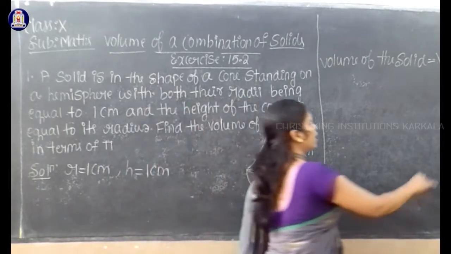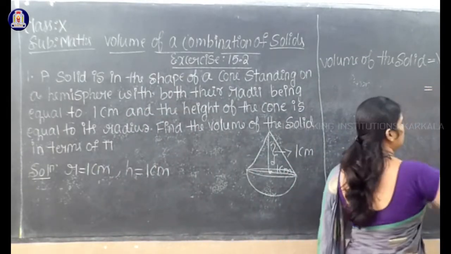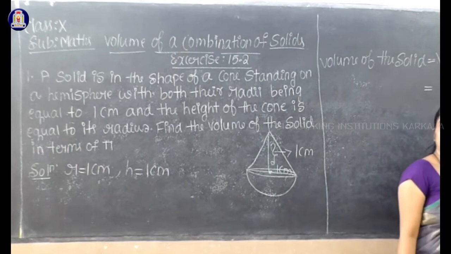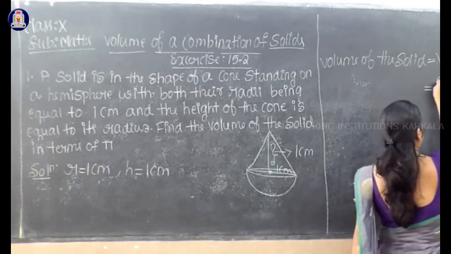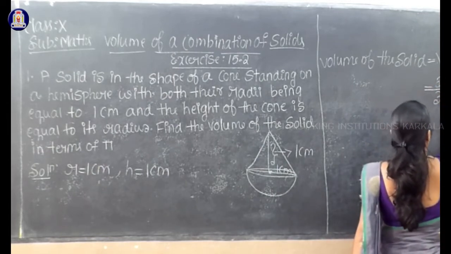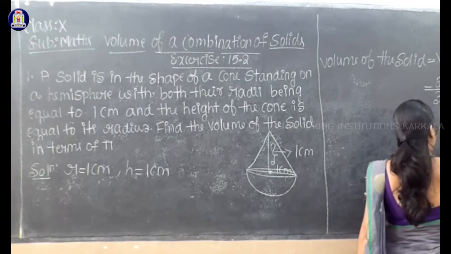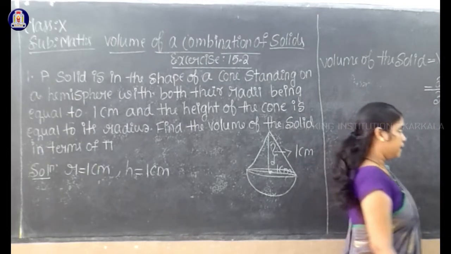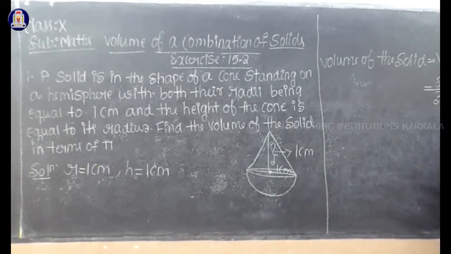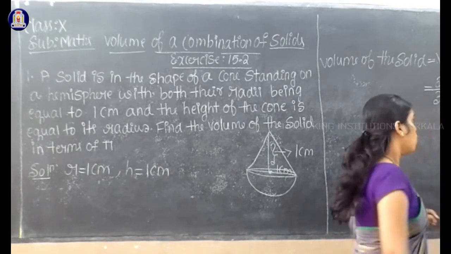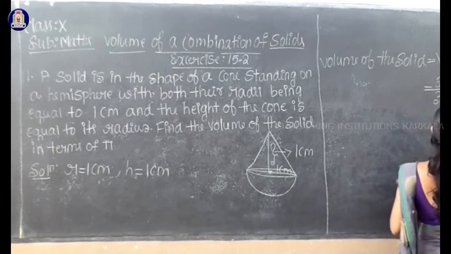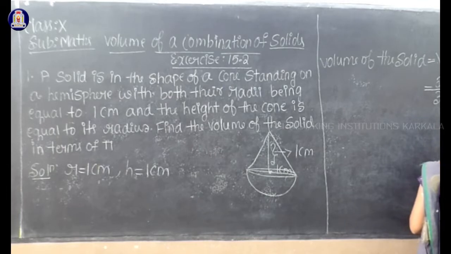So now I'll write the formula. What is the formula for volume of the hemisphere? Volume of the hemisphere is given by 2 by 3 into pi r cube plus volume of cone is given by 1 by 3 into pi r square h.